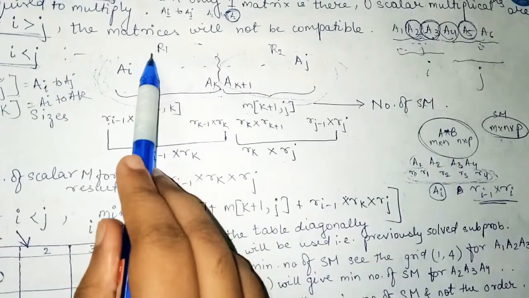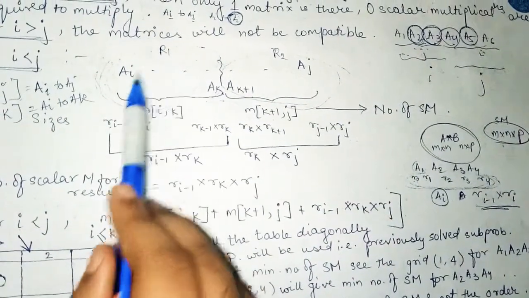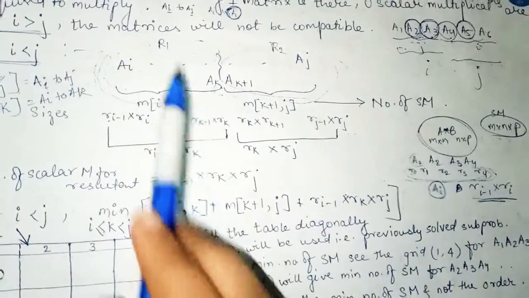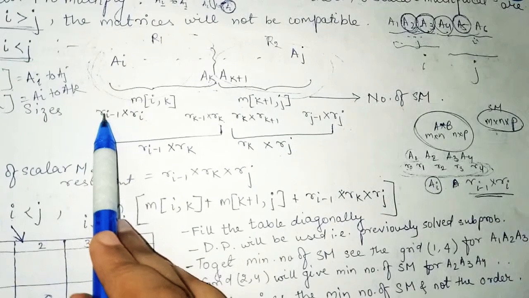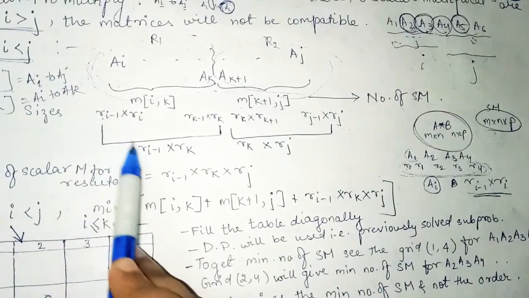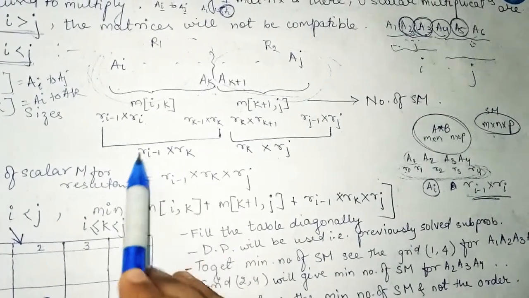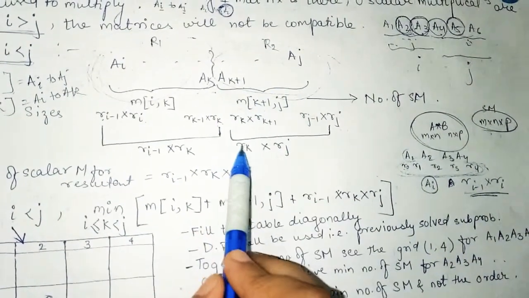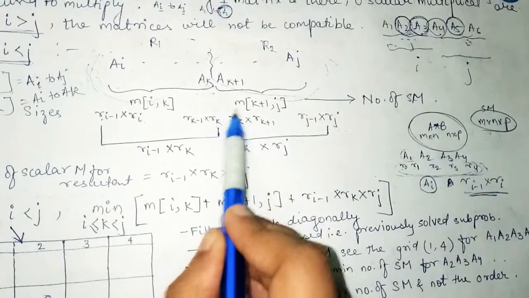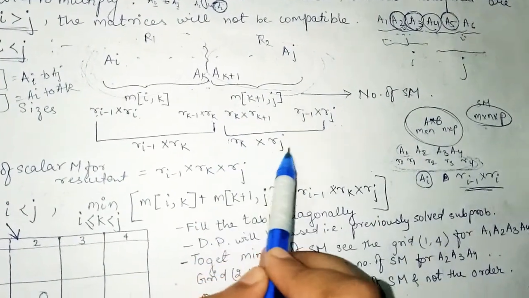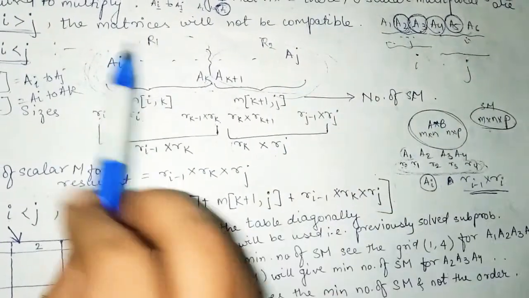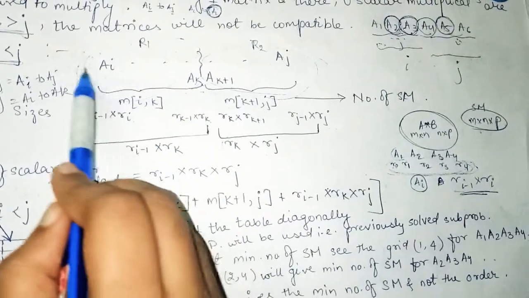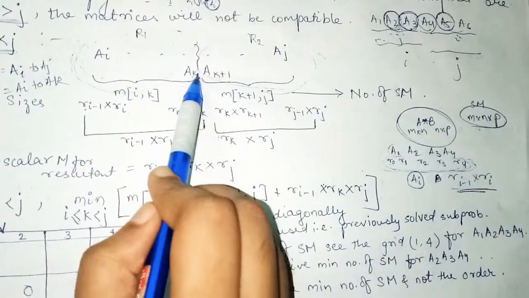And then for the resultant R1, R1 is the multiplication from Ai to Ak. So the order of R1 will be r(i-1) and rk. For R2, from Ak+1 to Aj, it will have the size rk cross rj. And we have to multiply R1 with R2 so that I can get this whole product.